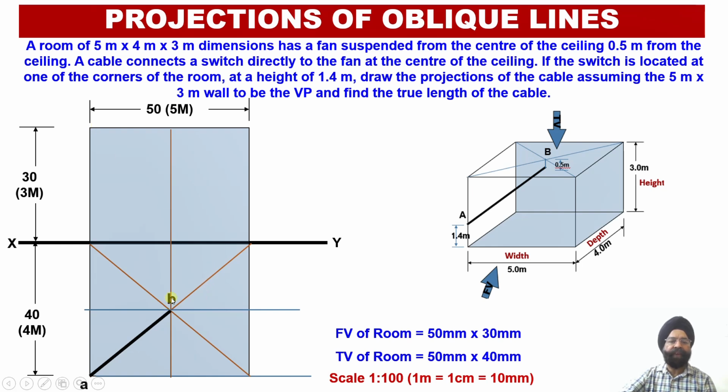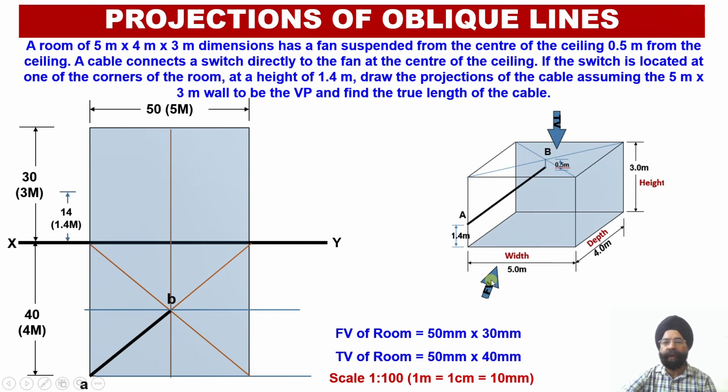Similarly, wherever I have located the position of the point B onto this vertical line, the location of the point B dash will be obtained over here. So A dash will be obtained along this vertical locus line and B dash will be located alongside this vertical projector line.